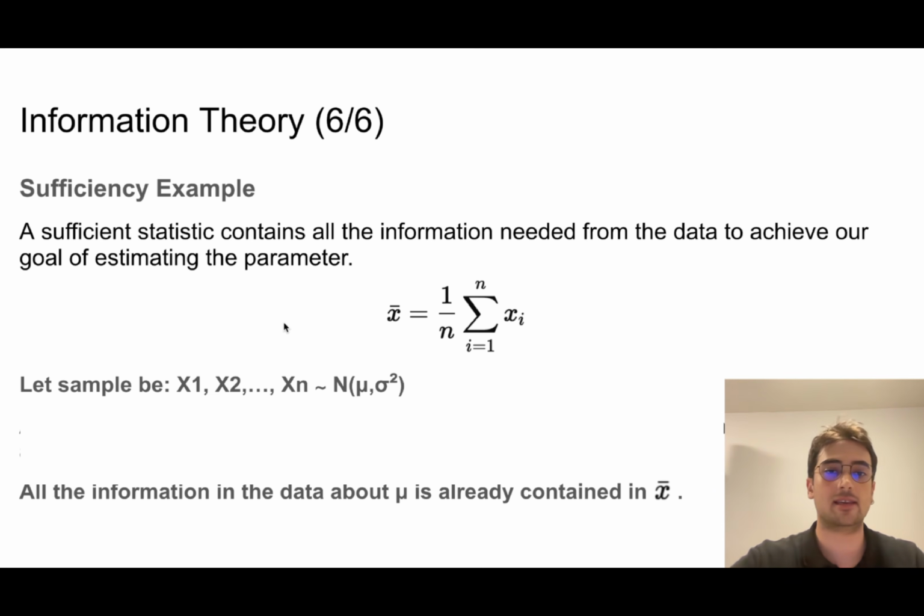So your statistic, the average, is enough to estimate the parameter theta, which is mu in this case. You can already estimate the mu from this statistic T(x), right? So that's a very basic example, but just remember this part because in the paper we will derive from the sufficiency example, okay?